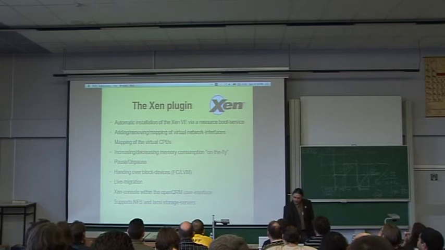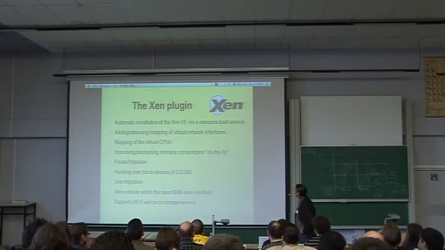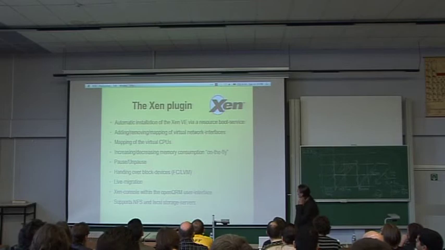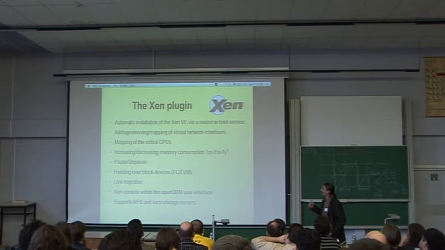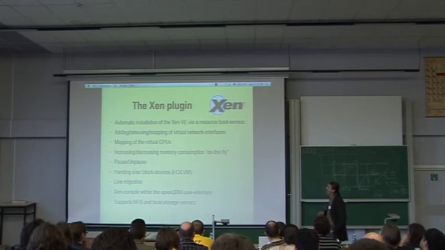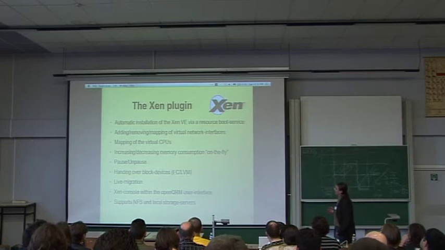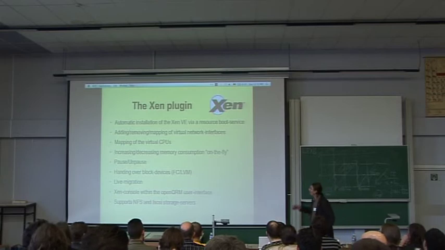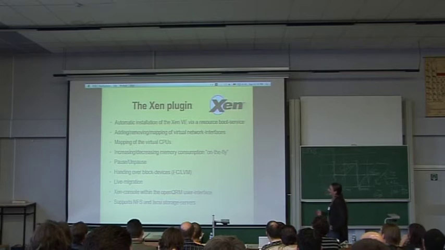So I'm now telling a bit about the details of the virtualization plugins which we already implemented. Basically it's Xen, Linux vServer, QEMU plus the KVM extension, and VMware, of course. The Xen plugin gives you a bunch of features, which I won't read for you on the slide. But of course you have start, stop, pause, unpause.